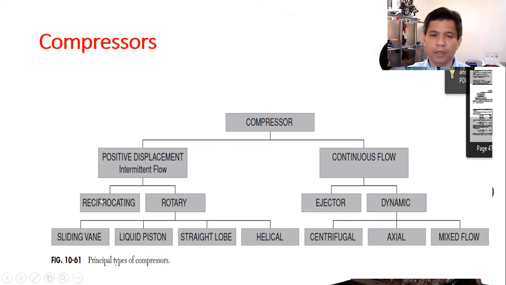As you can see, this is very similar to our pumps. The helical is similar to the helical screw type pump, and the liquid piston is probably like a piston. And for the continuous flow, you have the centrifugal and the axial, which is quite similar to the pump.